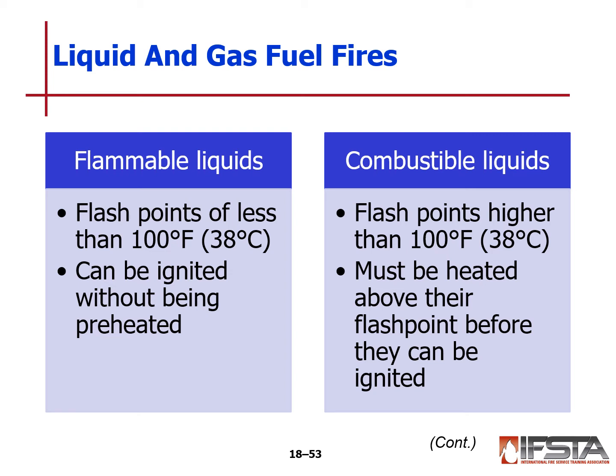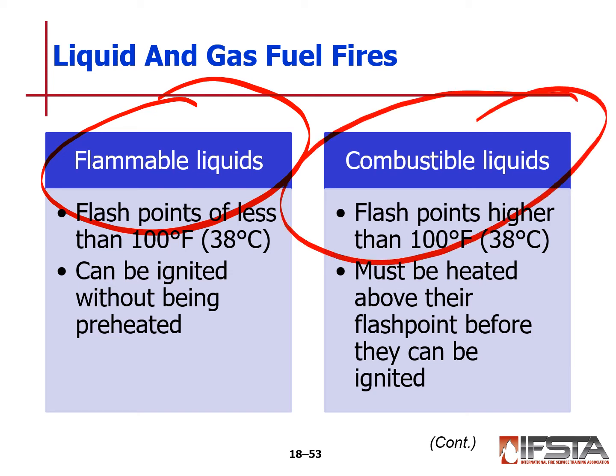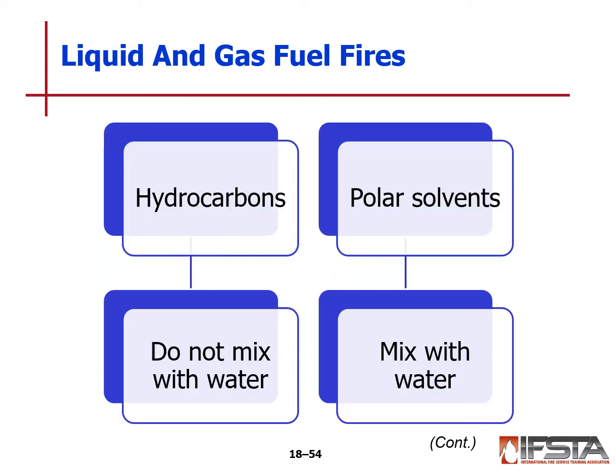So an example of a flammable liquid would be gasoline, and an example of a combustible liquid would be diesel fuel. So we have polar solvents and hydrocarbons. Hydrocarbons do not mix with water, they're not miscible, and polar solvents will mix with water.